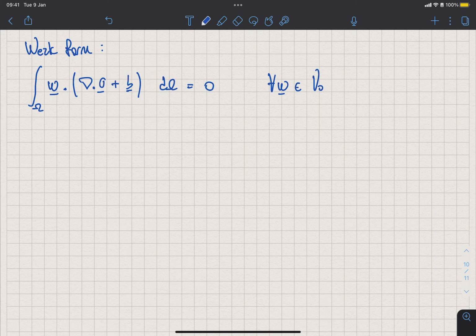Now, remember, it's a vector-valued field, and therefore W is a two-dimensional vector in 2D or a three-dimensional vector in 3D. That means that each component of W is going to be equal to 0 along the Dirichlet boundary. So how do we express that in mathematics?